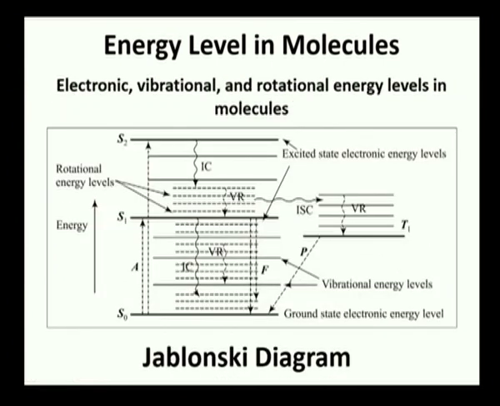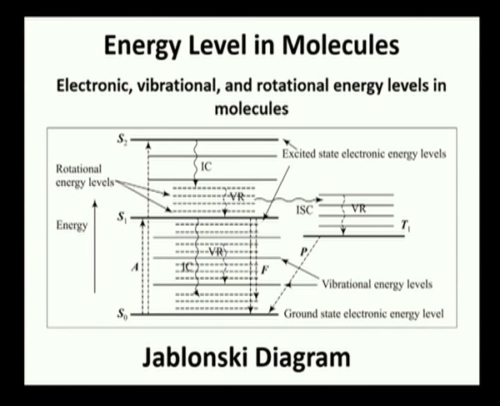Now, using this, we have to understand what the different energy levels in a molecule are. As I have told you about electronic energy levels in atoms, in the case of molecules we have three kinds of energy levels. One is the electronic energy level, the other is the vibrational energy level and the other is the rotational energy level. That is the basic difference between the energy levels in a molecule and those in an atom.